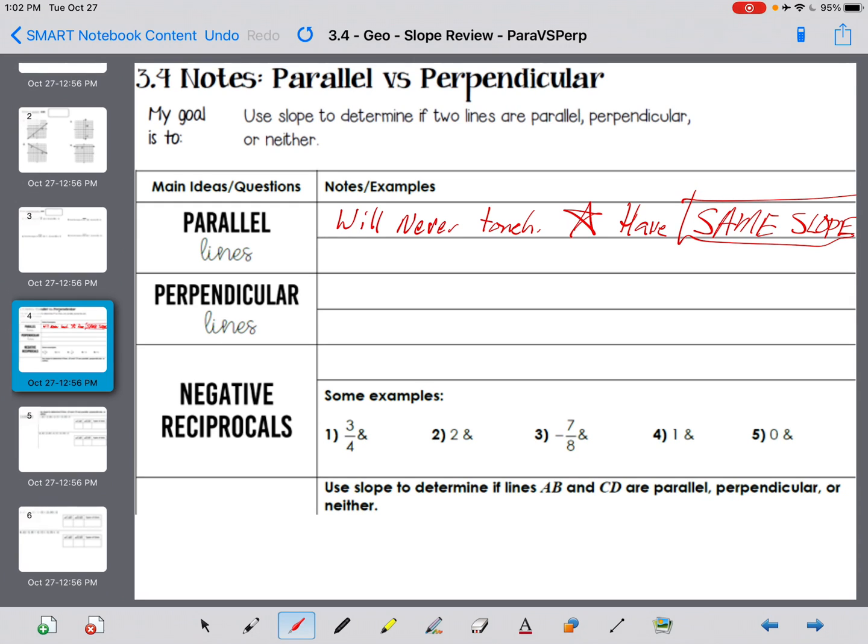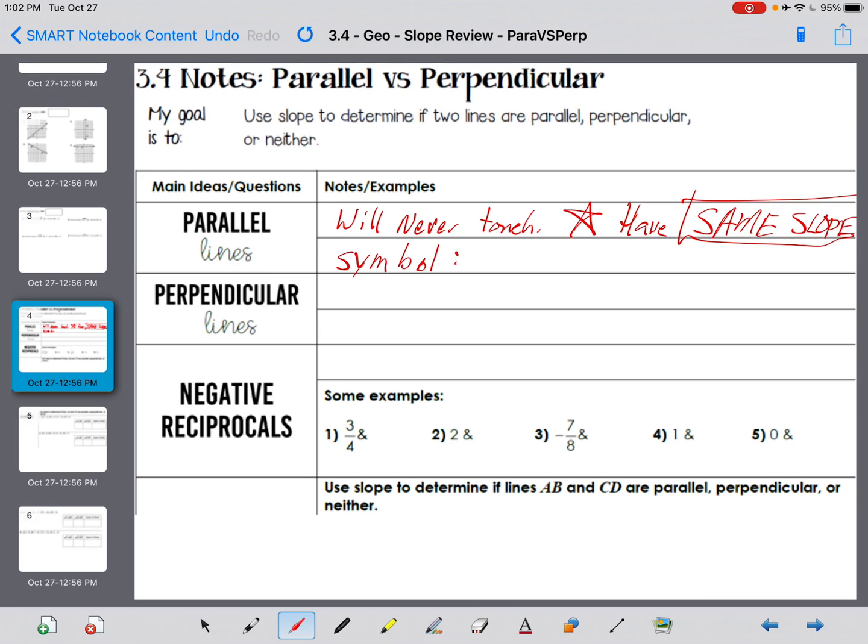That's the important part. Their m's are the same. If two lines have the same slope, then they're parallel. If two lines are parallel, then they have the same slope. And because they have the same slope, because they rise and run, they change at the same rate, they will never intersect. They will never touch.